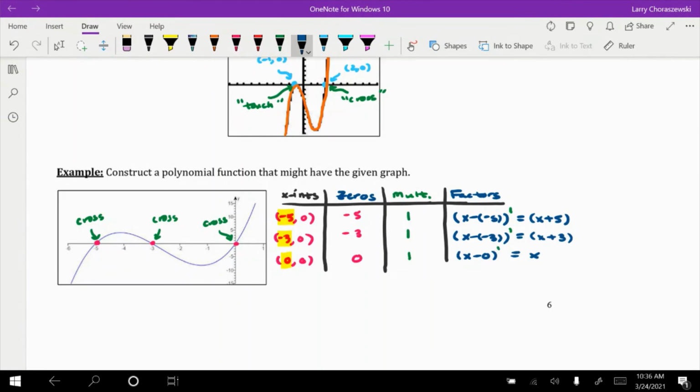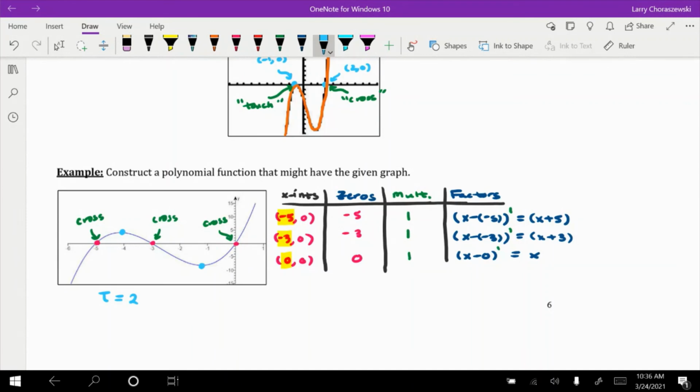Now, the reason why I'm using 1 for the multiplicity here has to do with the fact that there are 2 turning points. We have a turning point up here in quadrant 2, and we have a turning point in quadrant 3. So in terms of number of turning points, there are 2.